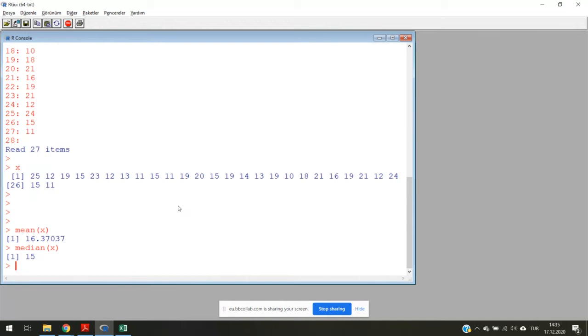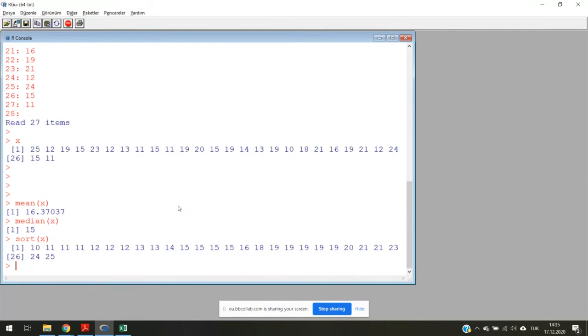Now you can easily determine the median by sorting the sample from smallest to largest, and you can determine the median by yourself as well. But the median can also be determined by the command median.